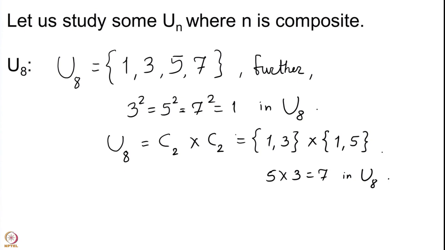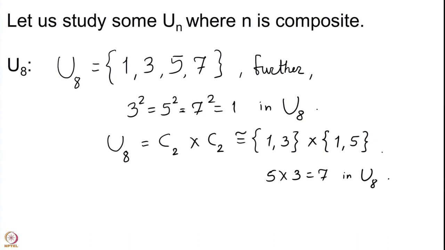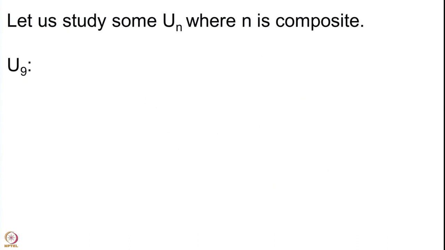So, there is a natural map from the product of these two subgroups to the whole group U_8, which gives you that U_8 is an internal direct product of these two subgroups. So, U_8 is C_2 cross C_2. For U_9, we of course forgot one composite number 4, but that is something that we will be looking at later.